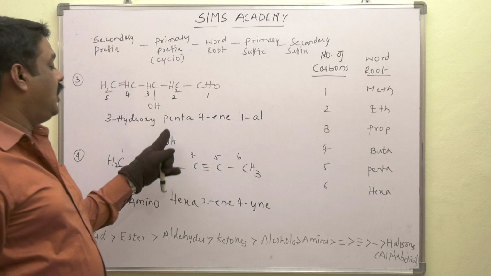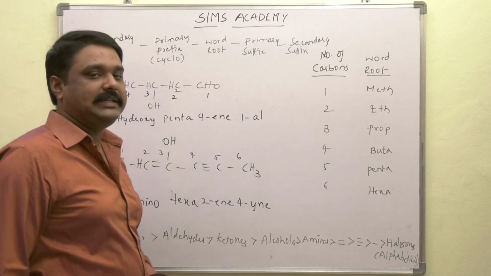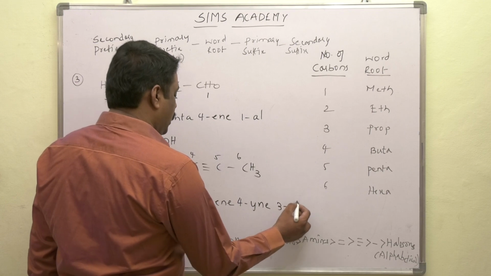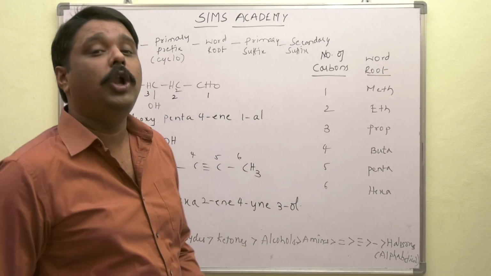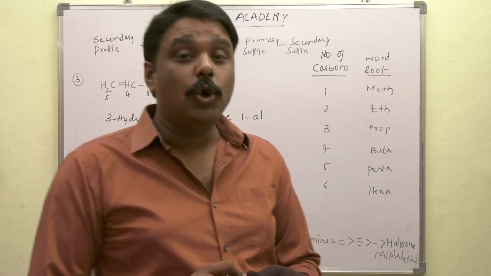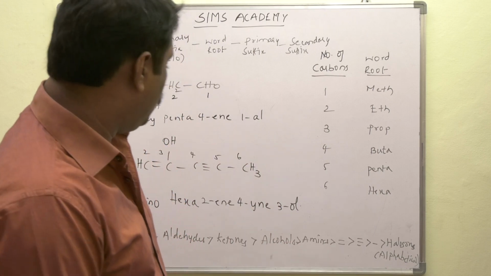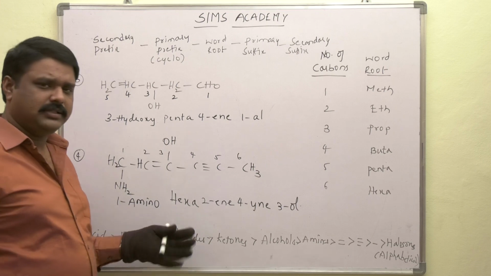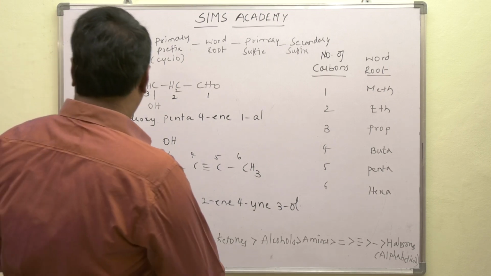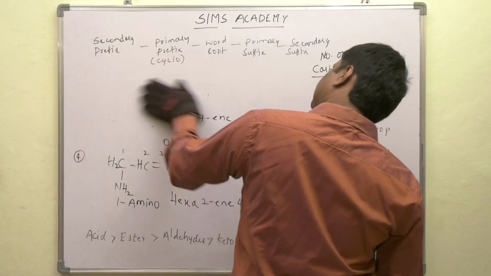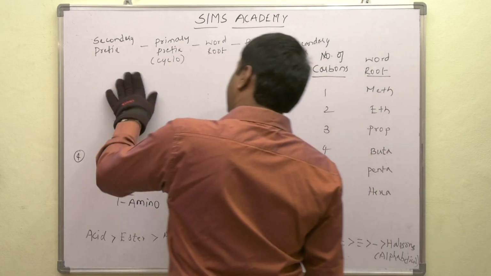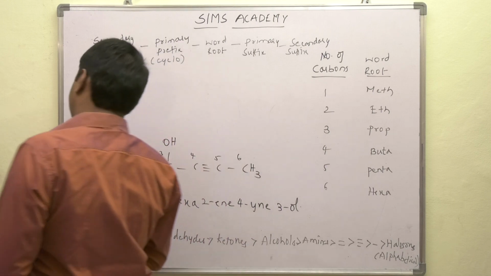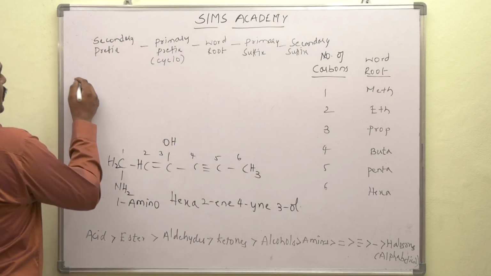And we have the alcoholic group at the third carbon atom. That means 3-ol, alcohol. Am I right? Yes? Okay.